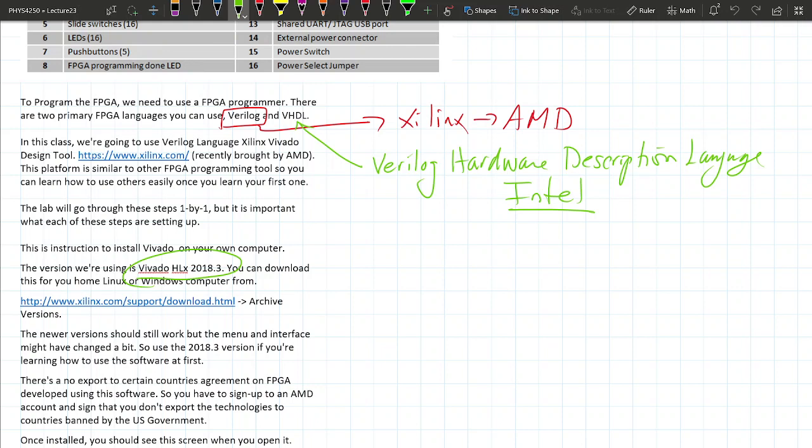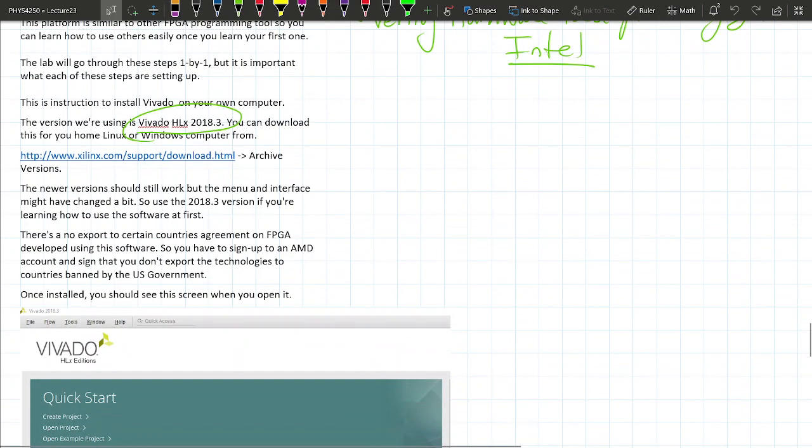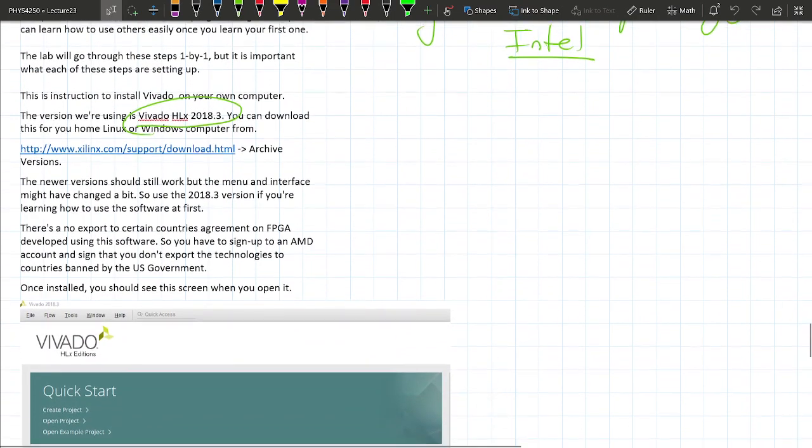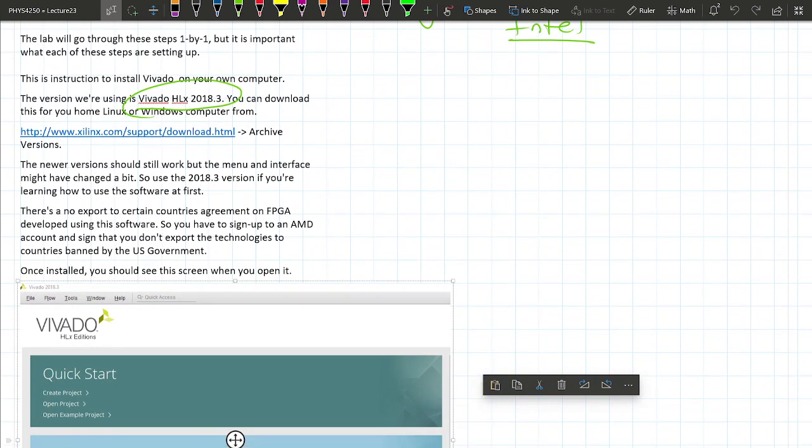There's no new development in programming FPGAs because this is stuff that we use every day to run our oscilloscope, run our computer, drive our car, turn on lights. We're using a specific version so the pictures look the same. Otherwise, a lot of times the menus just get moved around to different places.